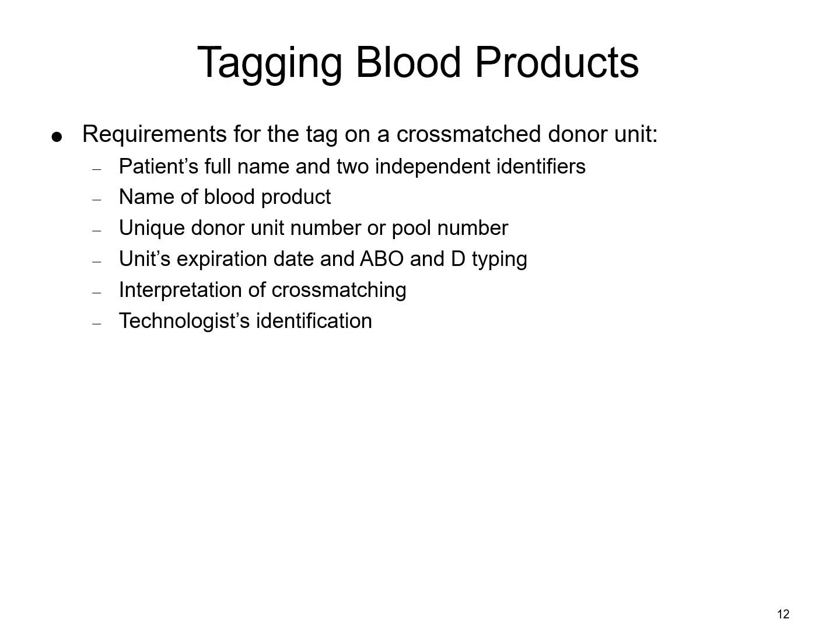The unit's expiration date as well as the blood type has to be on that label. And then the interpretation of the cross-match, so compatible or least incompatible. Occasionally you might have to use one that says least incompatible, with that situation we were explaining on the previous slide. And then also the person that did the testing, so usually their number or initials has to be on that tag as well.